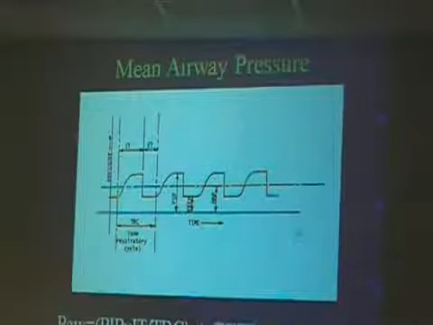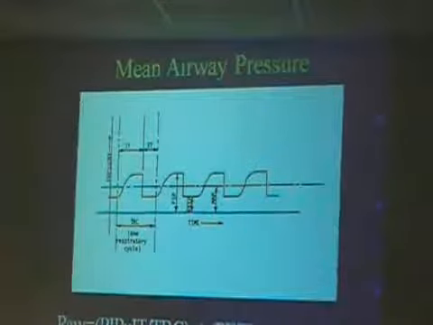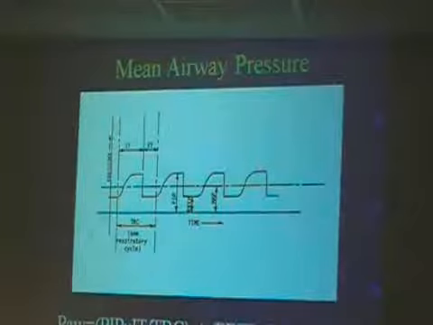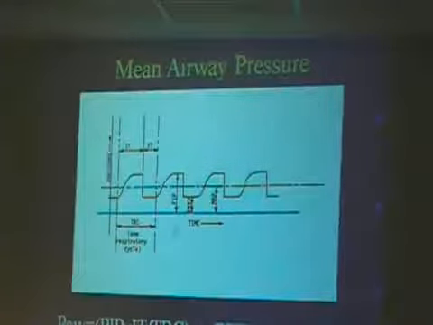This is time along the x-axis here, and our pressure here. And these are the breaths that we're giving. This is our PEEP. Our PEEP is the pressure that we've applied continuously. Our PIP is the pressure that we apply for the different breaths.